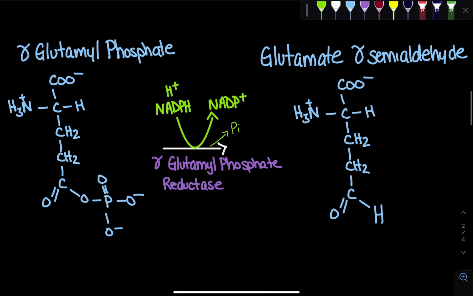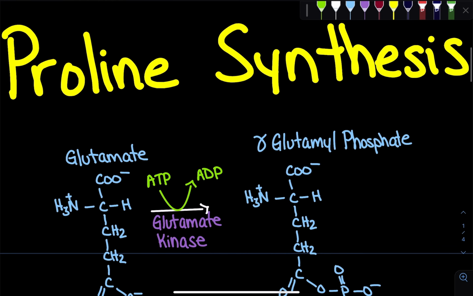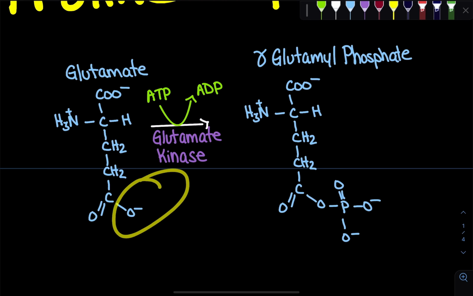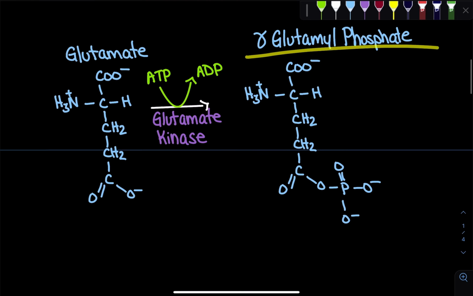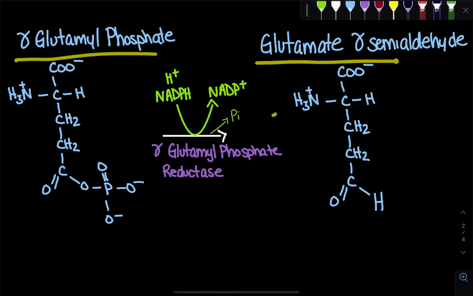So overall, we used 2 NADPHs and 1 ATP to synthesize proline. We went from glutamate, we phosphorylated glutamate to get gamma-glutamyl phosphate. Gamma-glutamyl phosphate was converted into glutamate gamma semialdehyde. So essentially we reduced it.